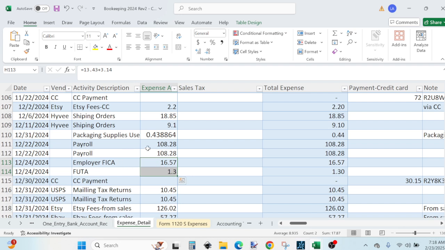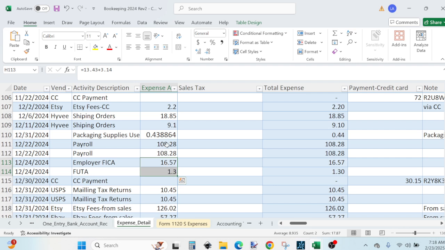Because again the employee portion of the payroll tax, social security and Medicare, is included in the payroll section here and deducted under line 7. By doing that, then you only need to deduct the employer portion of the Medicare and social security.